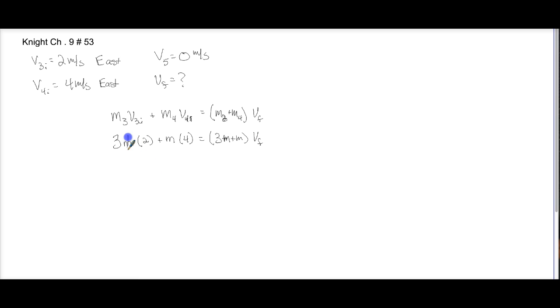So putting that together, the m's cancel out because every term has one, so we're left with 6 plus 4 equals 4v sub f. So when we do that out, we find that the final speed is equal to 2.5 meters per second. So this is the final speed after the 3 cars get hit by the 4th car.